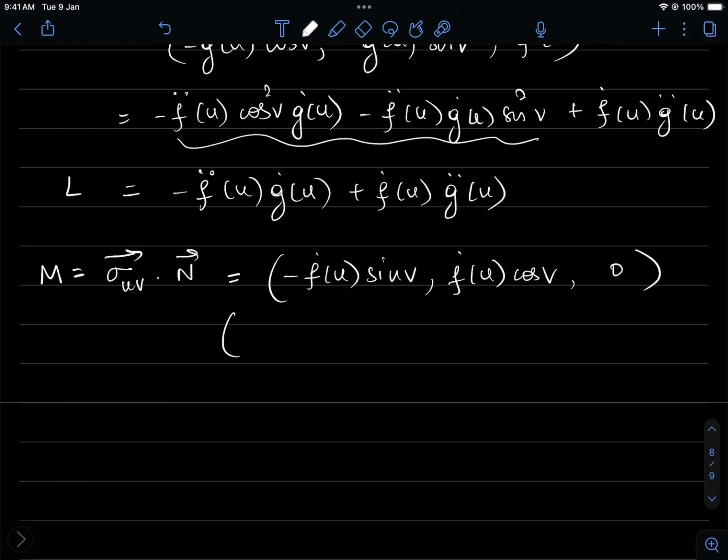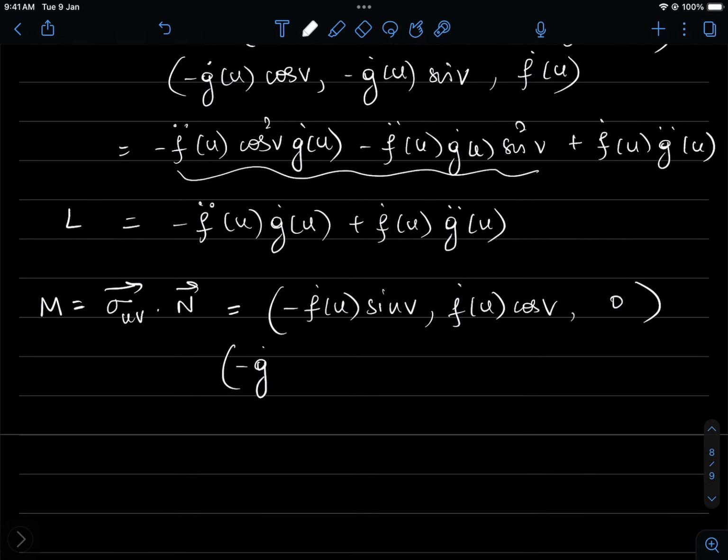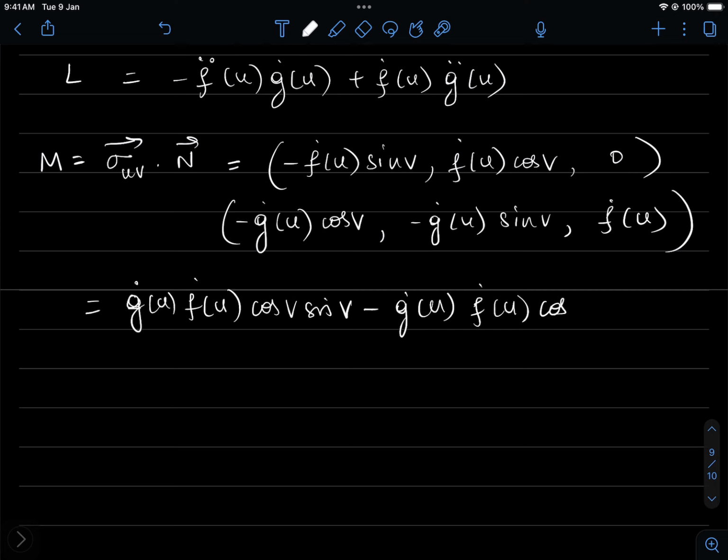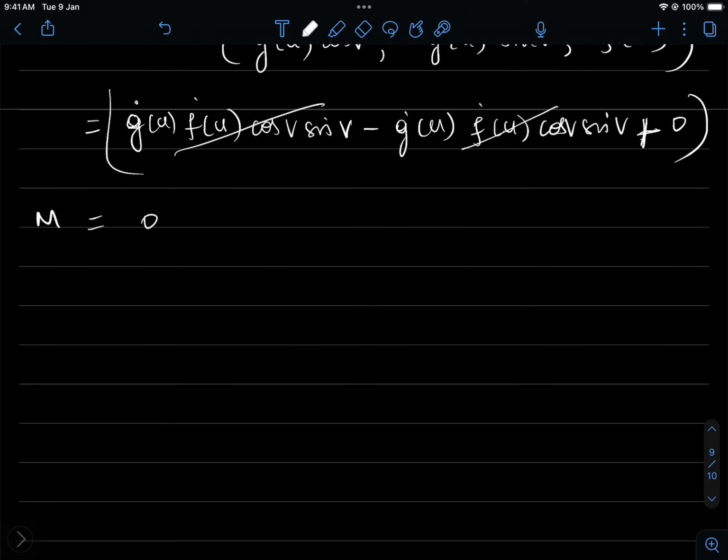And n here is given by minus g dot u cos v, minus g dot u sin v, comma f dot u. So what you get from here is g dot u f dot u cos v sin v minus g dot u f dot u cos v sin v, plus 0. So these two cancel, and you get M equal to 0.